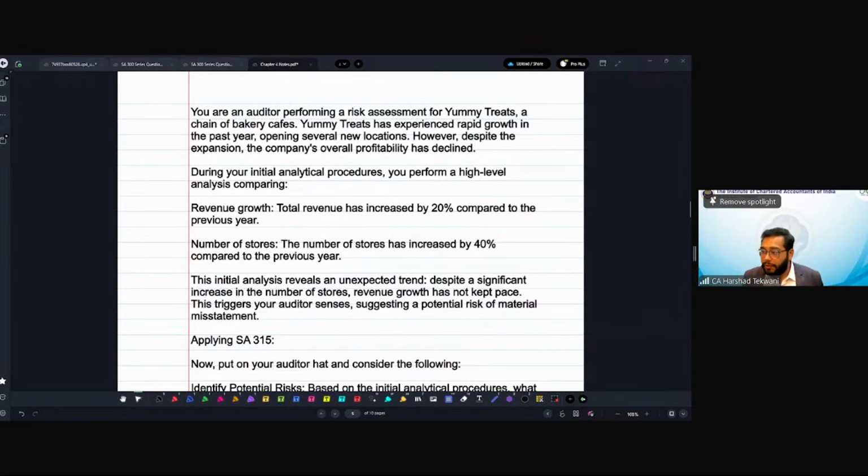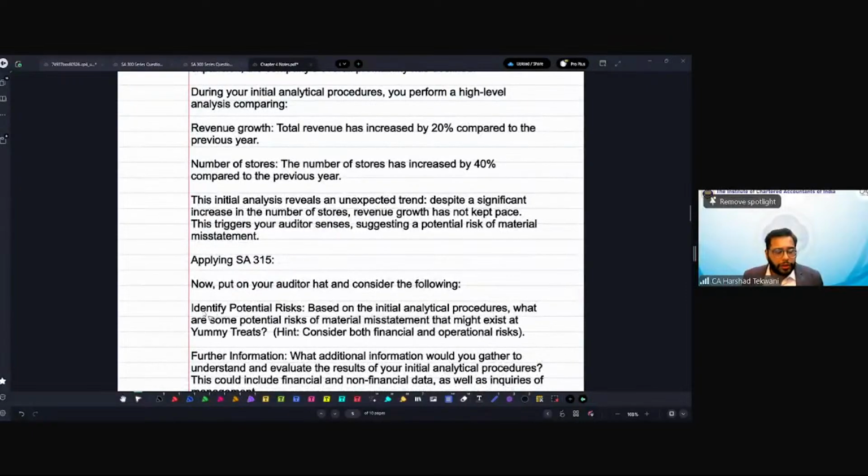There could be risk. Can someone tell me some examples of the risk that might be relevant here? For example, let's go to this question: identify potential risk. Based on the initial analytical procedures, what are some potential risks of material misstatement that might exist at Yummy Treats? You need to consider both financial and operational risk.